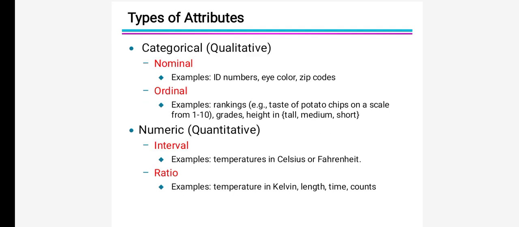When we discuss the types of attributes, there are generally two types: categorical, which is qualitative, and numeric, which is also called quantitative. In categorical, nominal and ordinal are discussed, and in numeric, interval and ratio are discussed.